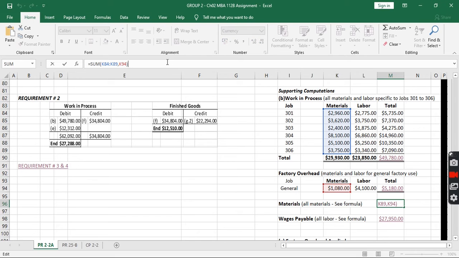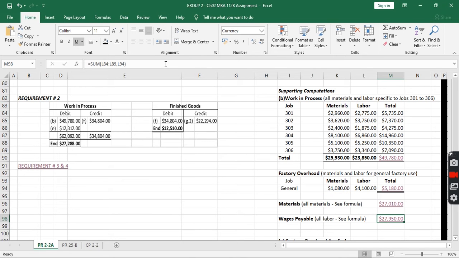So what were added were all of the materials pertaining to January. Same with our labor. This one. Now for our total amount to be debited to our work in process pertaining to materials and labor, we should only total those materials and labor used by specific jobs.